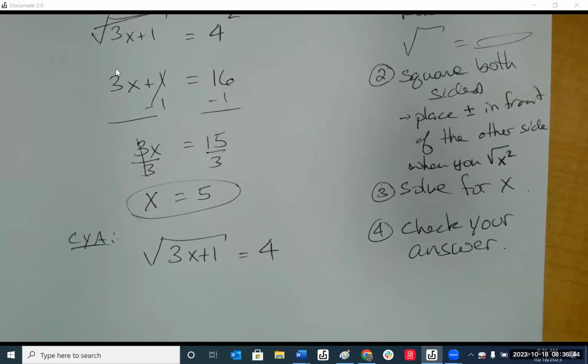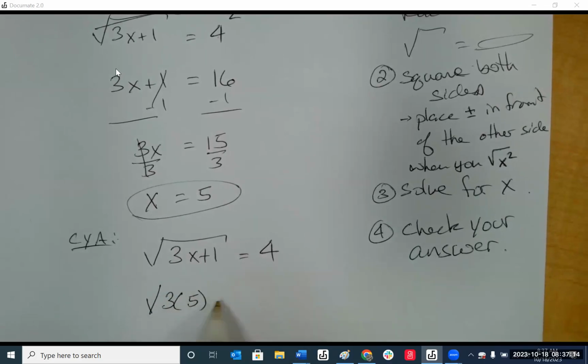Why would you always want to check your answer with the original equation? That's the only one that's true. If you messed up anywhere along the way and you check a wrong answer with a wrong step, you'll get a wrong answer. So the only way you can check if it's real is go back to the beginning, because that's the only thing that you haven't touched. So plug it in there.